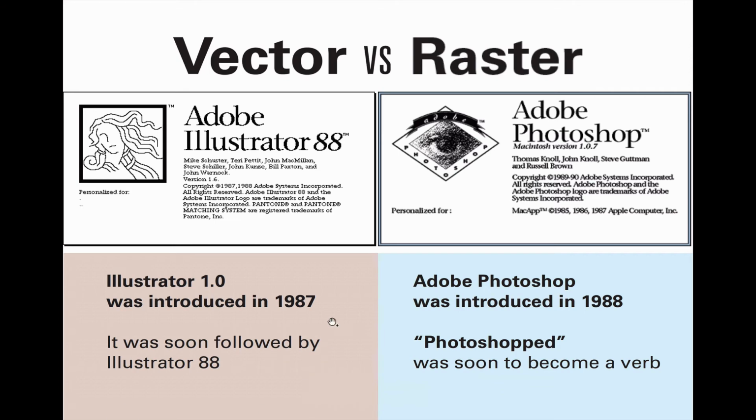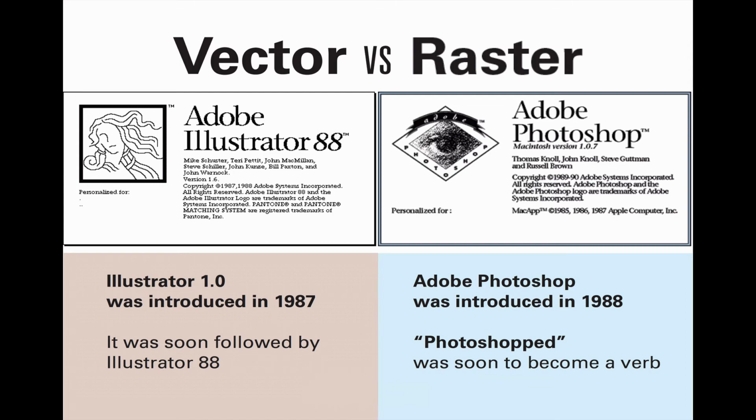So Adobe's first computer graphics program, Adobe Illustrator 1.0, was introduced in 1987. And for artists of my generation, it was the first program we all learned. You might say, why didn't we learn Photoshop first? Well, Photoshop wasn't introduced until 1988, so it came a little bit later.